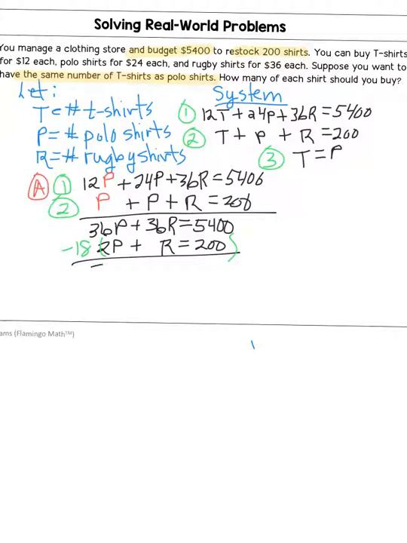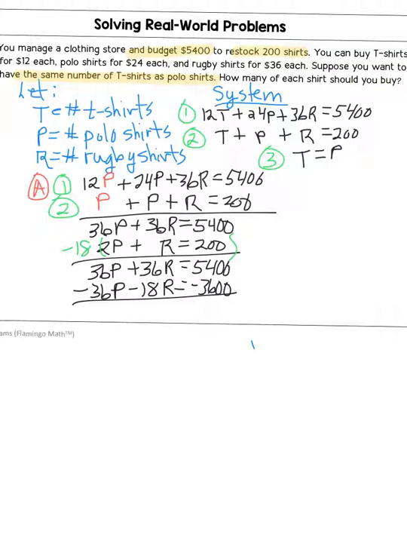And so I get 36P plus 36R is equal to 5,400. And then negative 36P minus 18R is equal to negative 3,600.